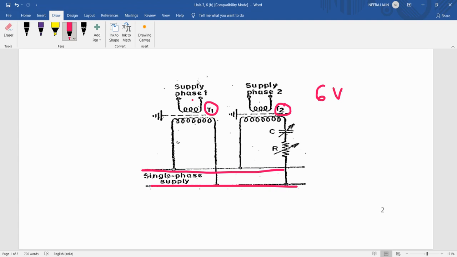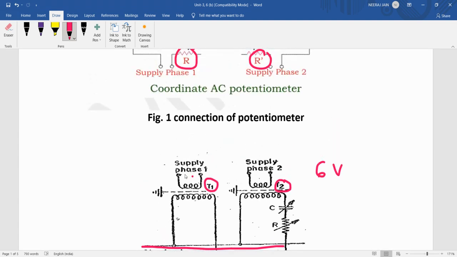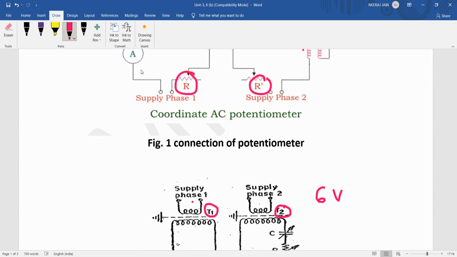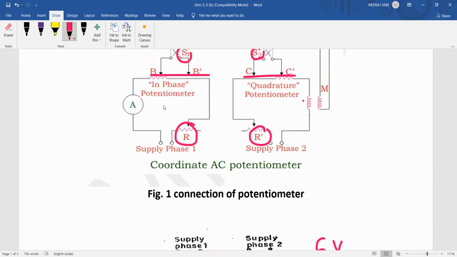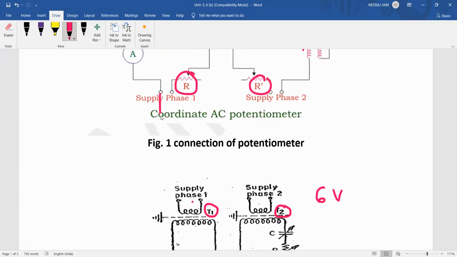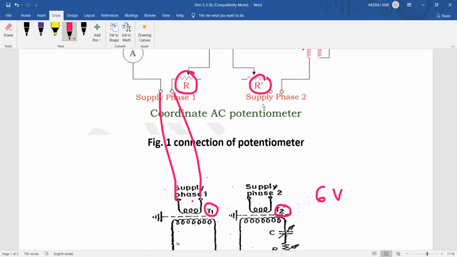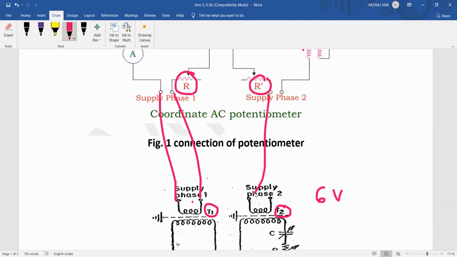As shown in the figure, the supply voltage from one transformer is given to this circuit here, and the supply voltage generated by transformer T2 is given to this circuit here.